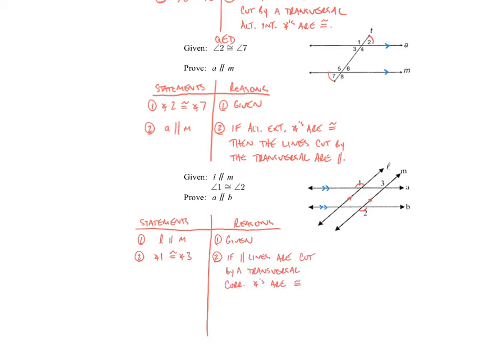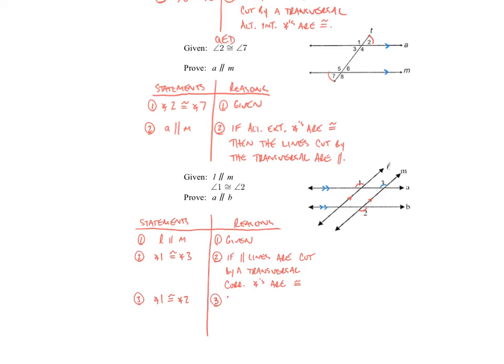Okay, so I'm starting to make this work here. I've now proven that angle 3 is congruent to angle 1. So again, I'm just using the one arc there. What I need to do now, though, is connect 3 to 2. And I know that this is true because they've given me the given statement that angle 1 is congruent to angle 2.